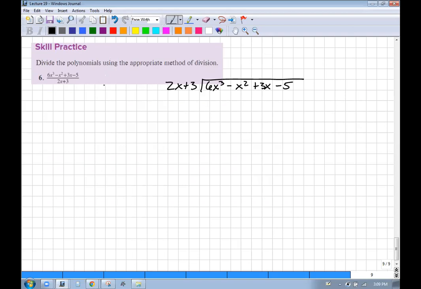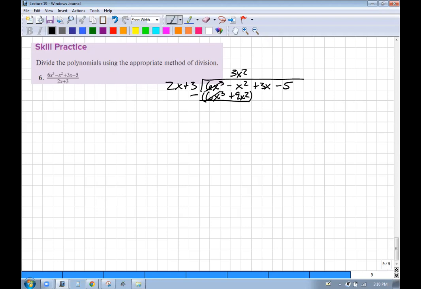Okay. And on the bottom we have, sorry. So we need to get a 6x cubed from a 2x. So we can multiply it by 3x squared, and we put that in the x squared column. So 3 times 2 is 6. X squared times x is x cubed. We're also getting a 9x squared out of this. Those would cancel.